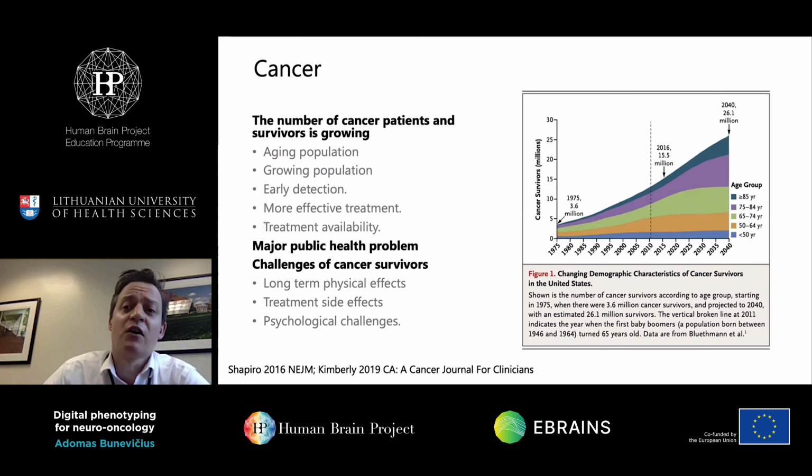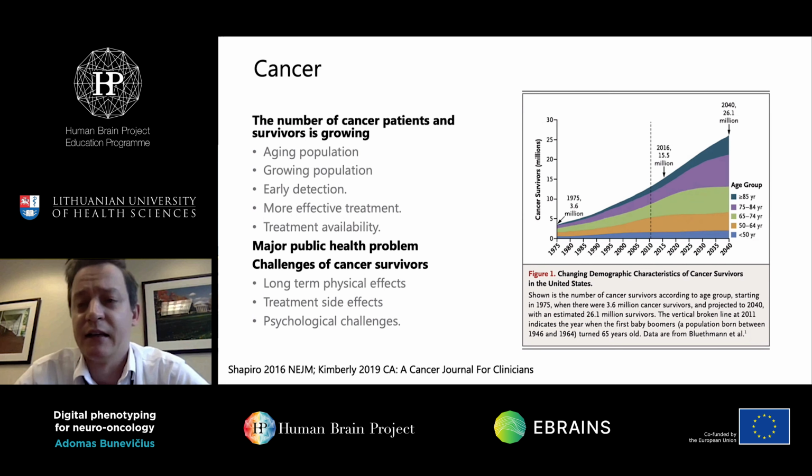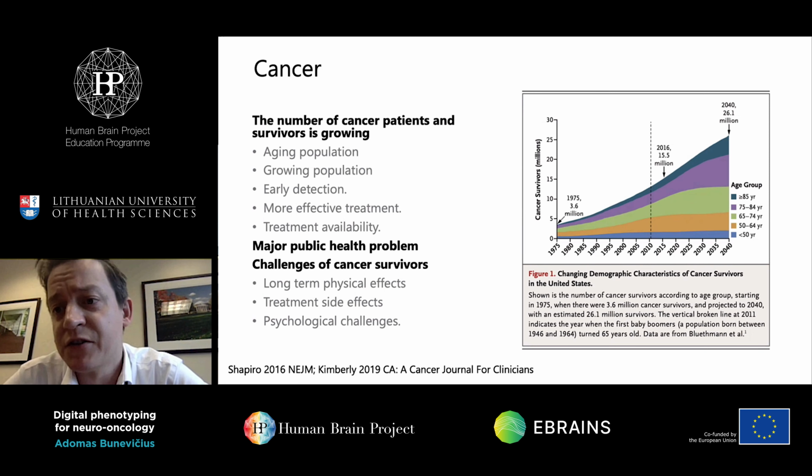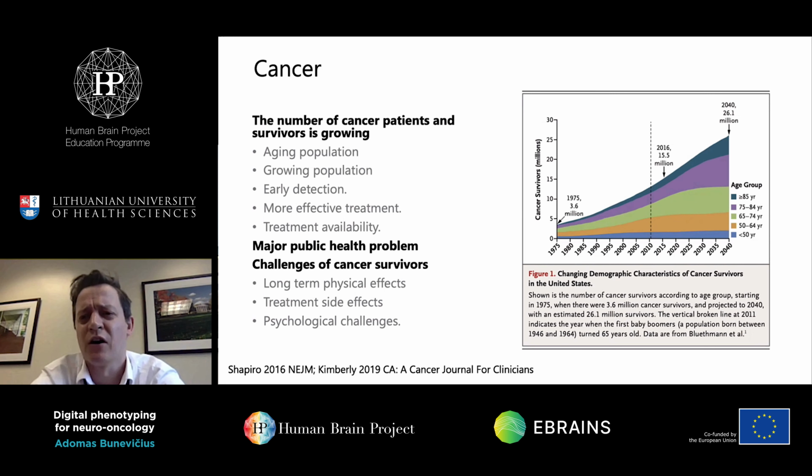But these patients live longer, so they have to deal with that, and that also costs us as a society to maintain their quality of life as good as possible. In addition, these patients suffer from major psychological challenges, which are often under-addressed in the standard of care but can impair their quality of life. So that also has to be addressed in order to optimize their quality of life and functional status.